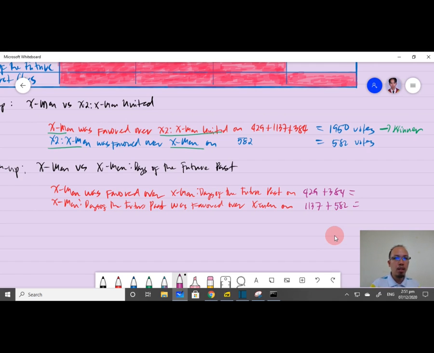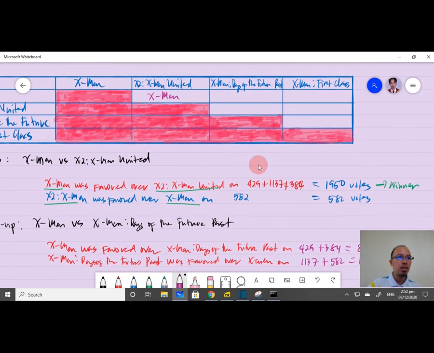If you sum it up, 429 plus 384 is 813, while the other is 1137 plus 582, which is very clear: X-Men Days of the Future won already, 1719. So the winner is this one. That's the winner. You can do the same. Let's put it somewhere here.